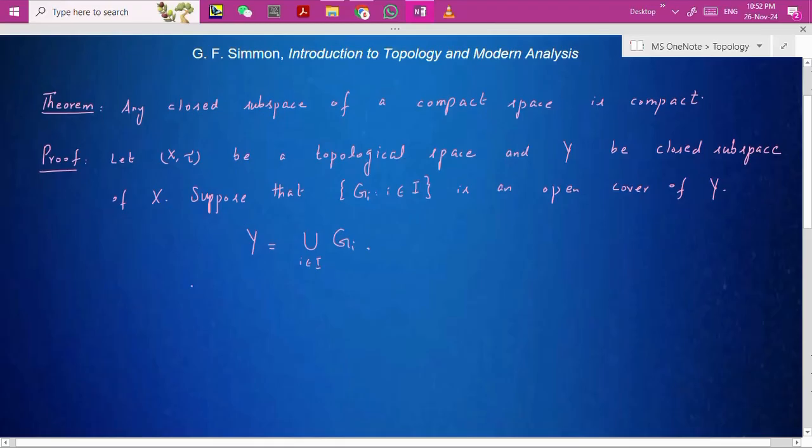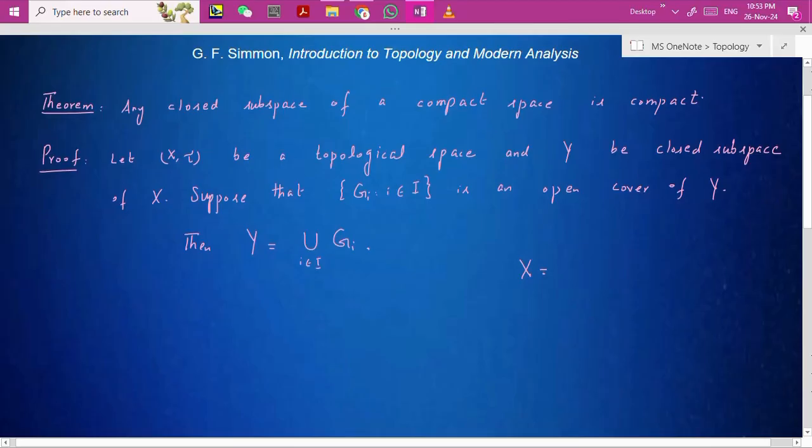Since this is an open cover, Y is equal to the union of G_i, i belongs to I. Now, what is X?